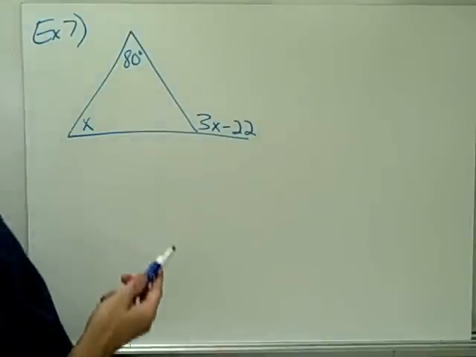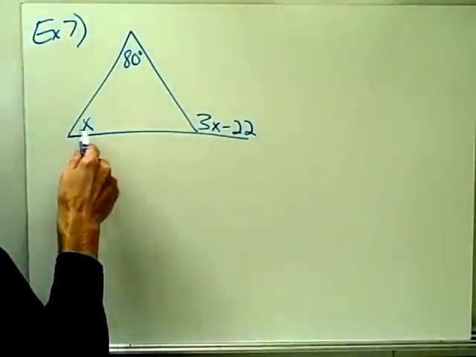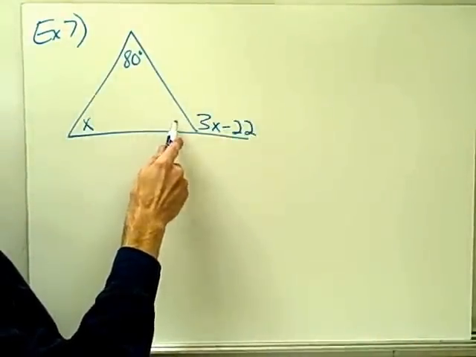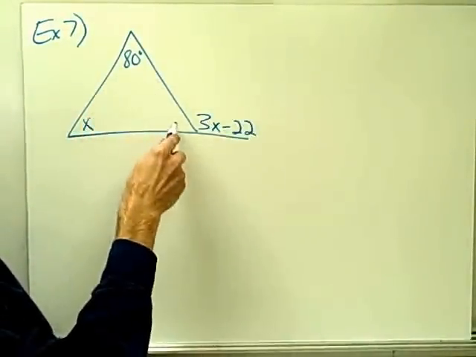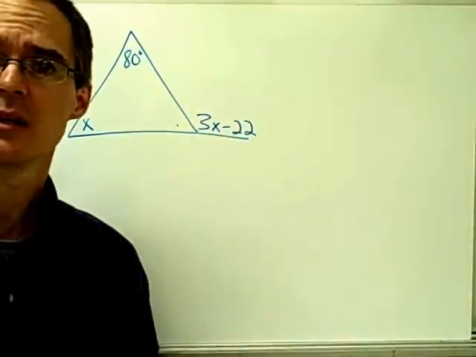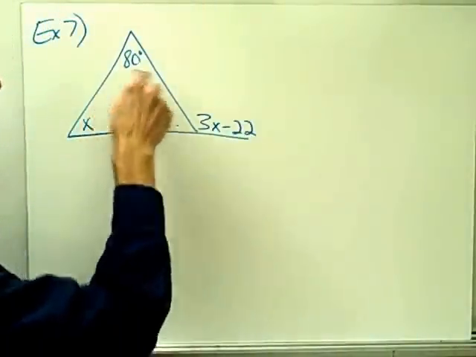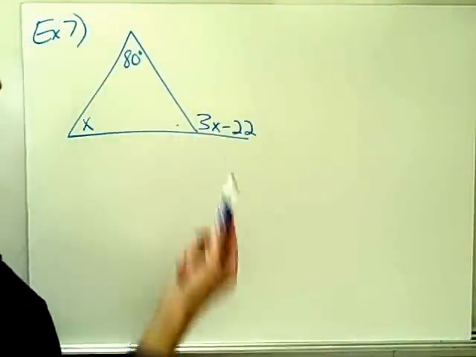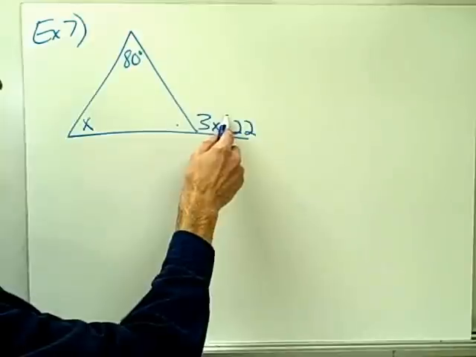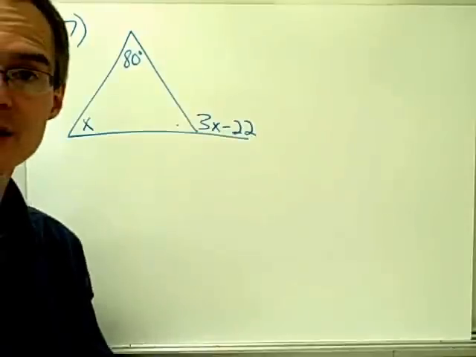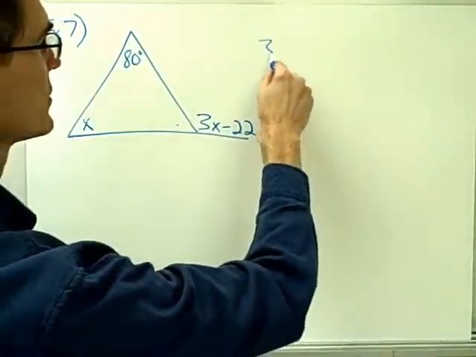Now here's an example where I'm looking for the value of x, and I have a triangle here. I don't know the value of this angle, but now it's kind of difficult for me to find a value for this angle so that I could use the triangle sum theorem. And instead, if I use the exterior angle theorem, well, it's a fairly simple problem. The value of this exterior angle is equal to the sum of its two remote interior angles, so I can just write that equation.